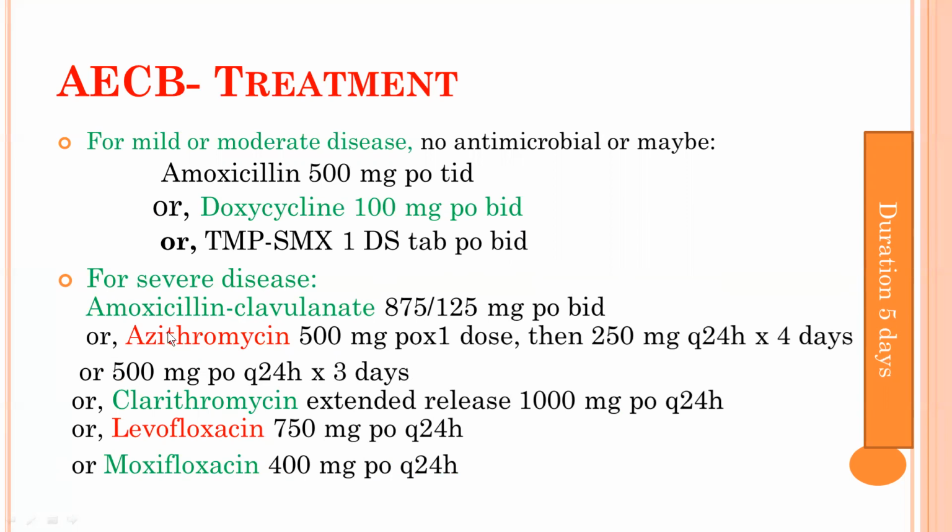For severe disease, instead of amoxicillin, amoxiclav 875/125 milligram twice daily, azithromycin 500 milligram single first dose, then 250 milligram once daily for 4 days, total 5 days, or 500 milligram once daily for 3 days. Clarithromycin extended release 1000 milligram once daily for 5 days. Levofloxacin 750 milligram, moxifloxacin 400 milligram, both once daily.